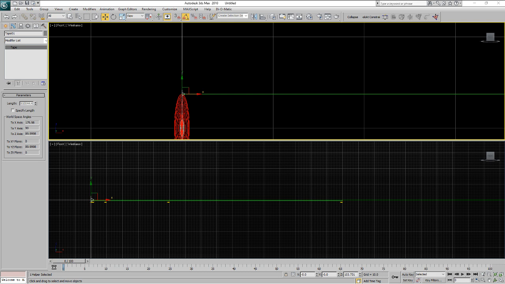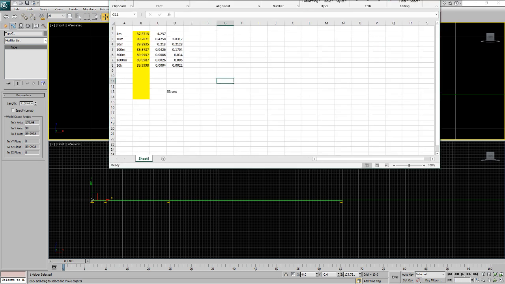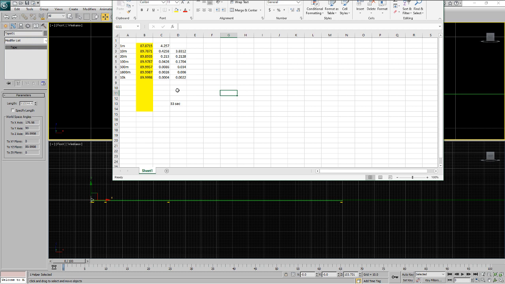Now the difference in the angle of the focal angle for that one between 1.6 kilometers and 10 kilometers is 0.0022 degrees. Okay, that is just to get the difference between 1,600 and 10,000 meters.